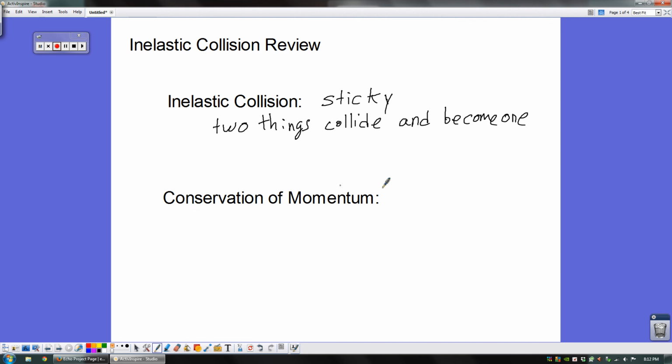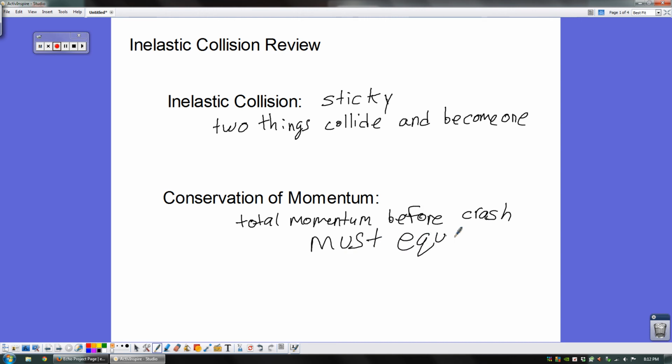The conservation of momentum states that the total momentum before a crash must be equal to the total momentum after the crash.